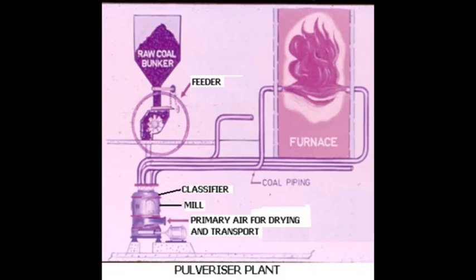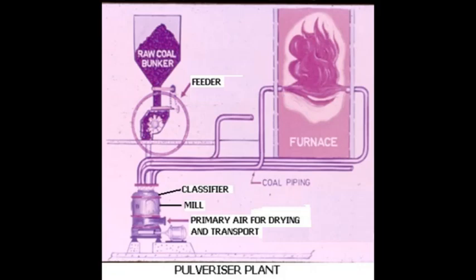In the mill, we grind the coal just like fine talcum powder, and this pulverized coal is transported by hot air through coal carrier pipes to the burners.